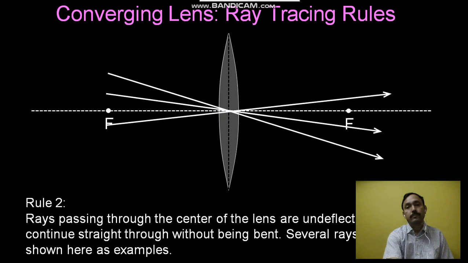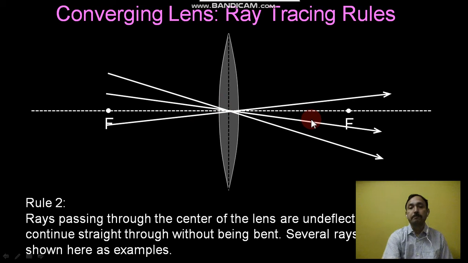Now, this ray is passing through the optical center without any deviation. That means when a ray passes through the optical center of the lens, it will not be deflected; it is undeflected. Here also another ray is passing, it is undeflected.